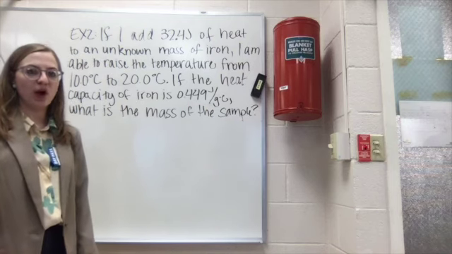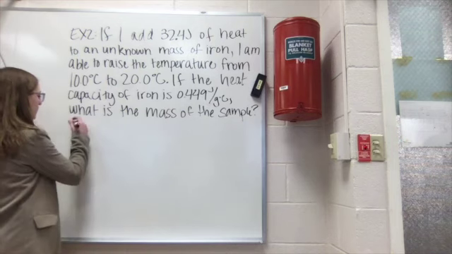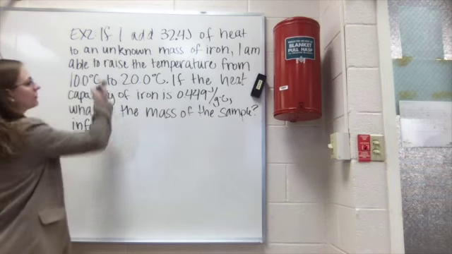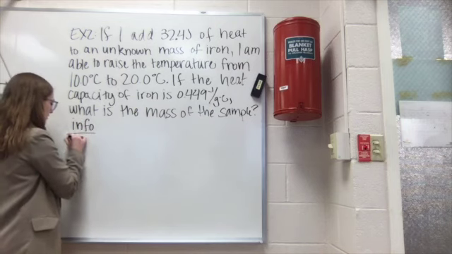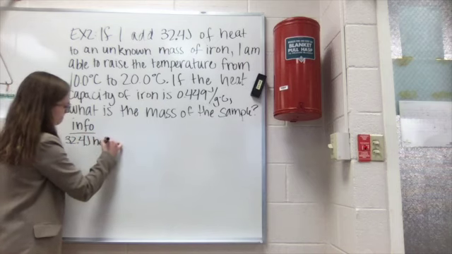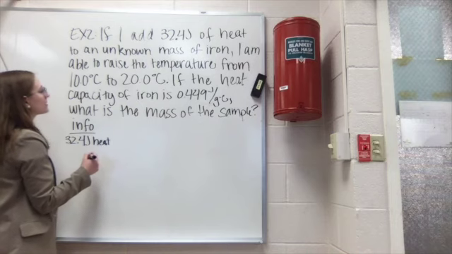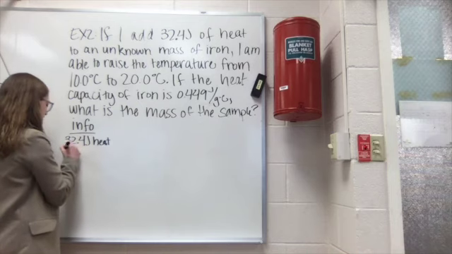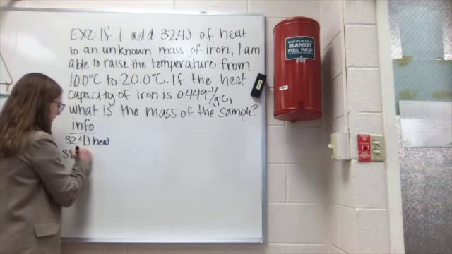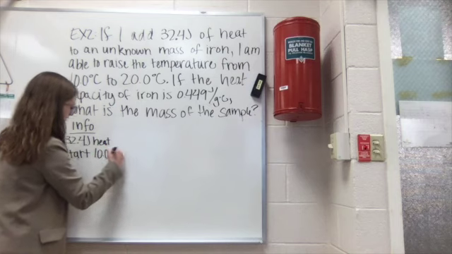So let's figure out what we're given, figure out where we're going, and then we'll go from there. Let's go through and pull all our different numbers. It looks like we've got 32.4 joules of heat. We don't know the mass. I'm able to raise the temperature, so my temperature goes from 10 to 20. My start point for temp is 10.0 degrees Celsius.